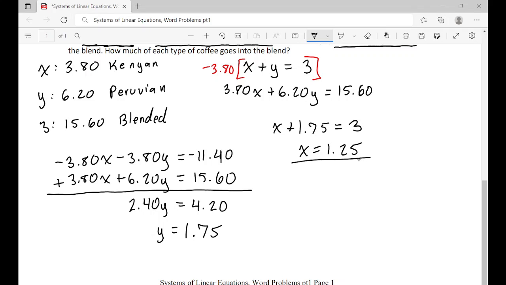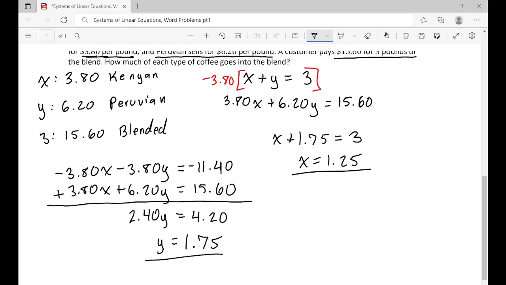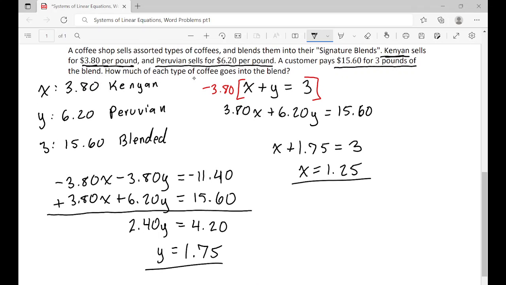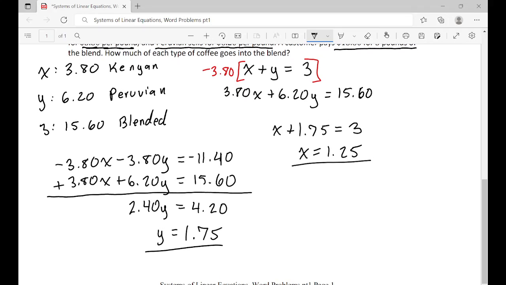So I now know what x is, I know what y is, and I need to know how much of each type went into the blend. So everything's dealing with pounds, and x is 1.25, which is the Kenyan blend. So I can say I need 1.25 pounds of the Kenyan blend.